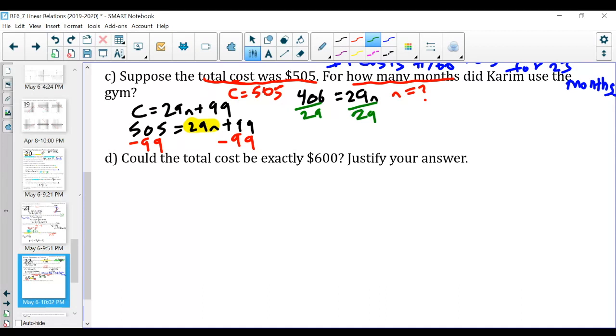So 406 divided by 29 gives me 14. So 14 is equal to N, or N is equal to 14. So we can say Kareem used the gym for 14 months.